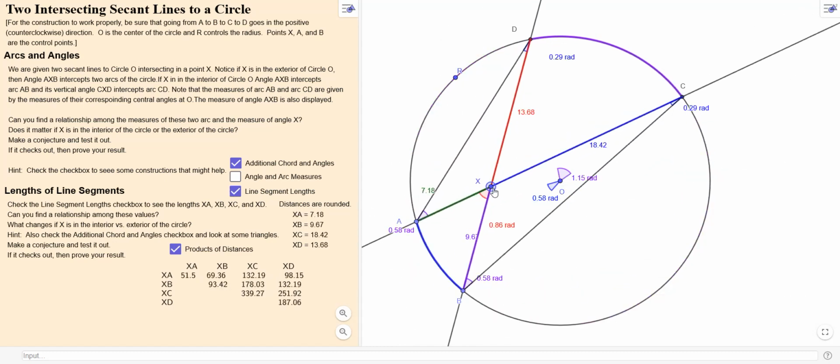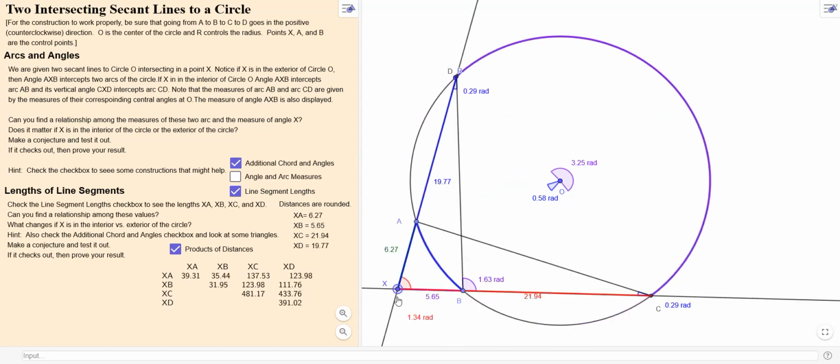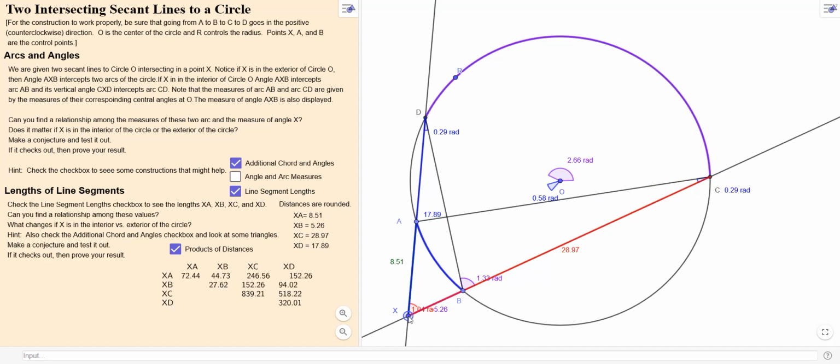So really we kind of got the same result both times, right?